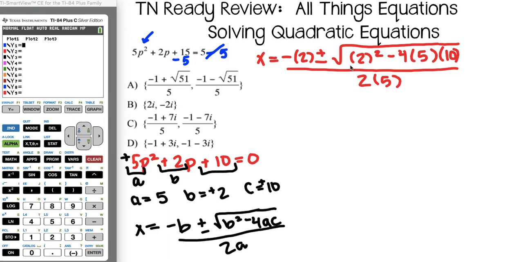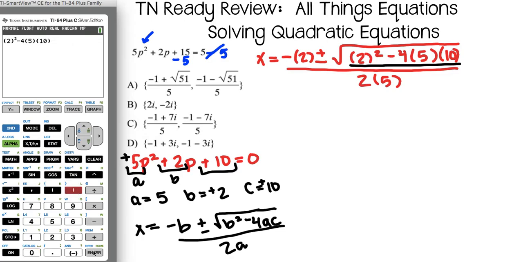So the first thing I'm going to do is take this piece right here, which is called the discriminant, and I'm going to type it into the calculator. And I want you to notice that while I'm doing it, I am putting those parentheses in there. That is very important that you do. If you do not put the parentheses in there, you could end up getting the wrong answer.